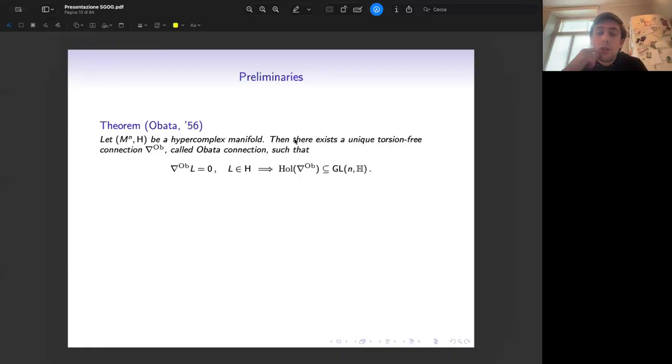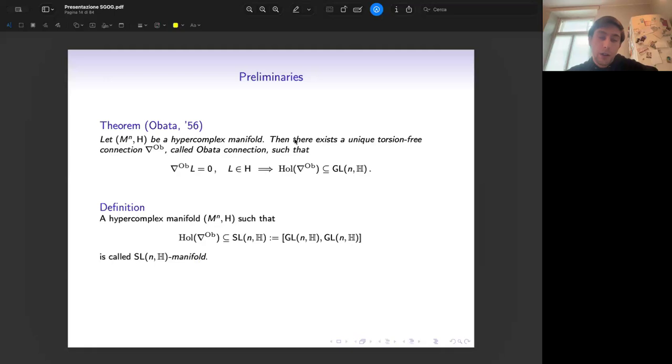But in this group, we have a preferred subgroup, which is the commutator subgroup. So if we ask the holonomy of the Obata connection to lie in the commutator subgroup, which is SL(n,H), then we will call the manifold an SL(n,H) manifold.